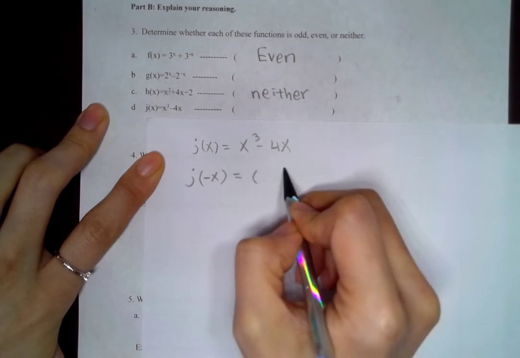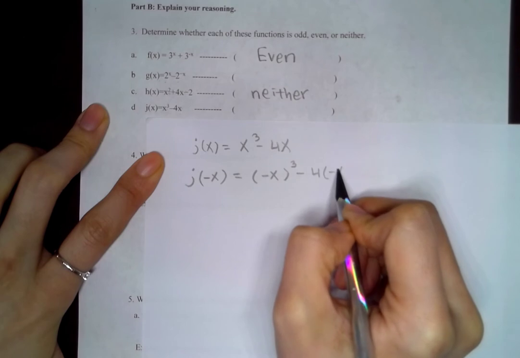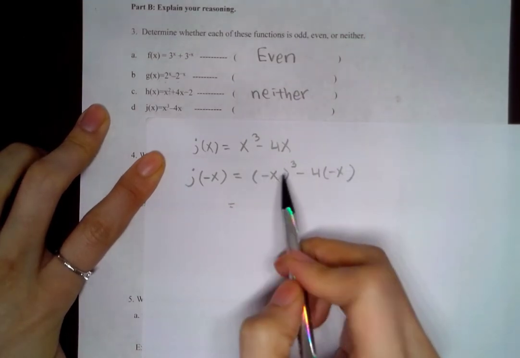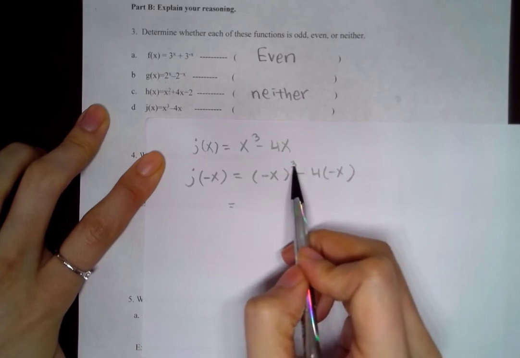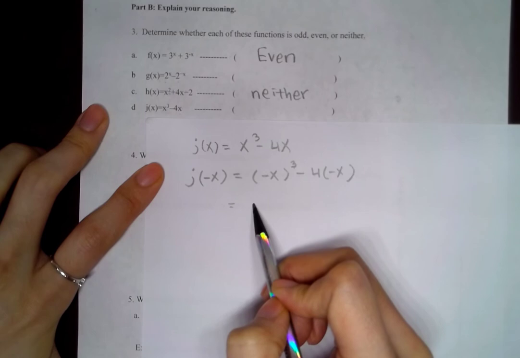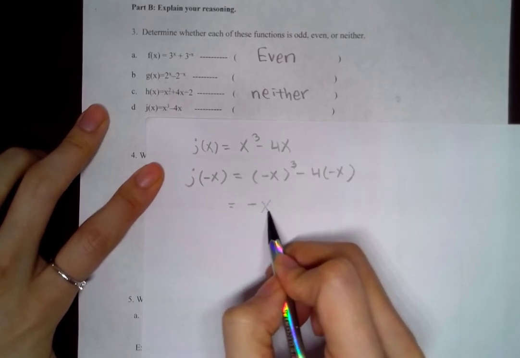So I'm substituting negative x into x. Like this. Yes? And tell me, negative with odd power, do you keep the negative or not? Alberto, what did you say? Yes, we keep the negative, correct.